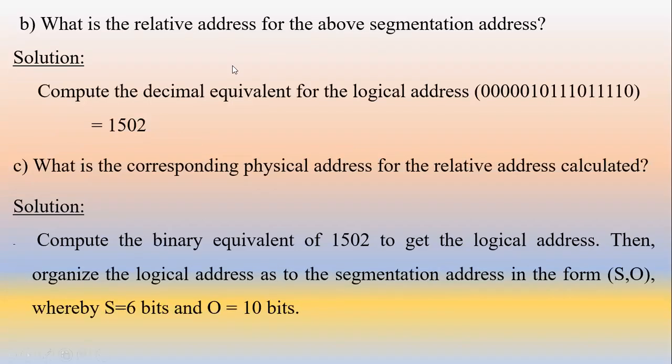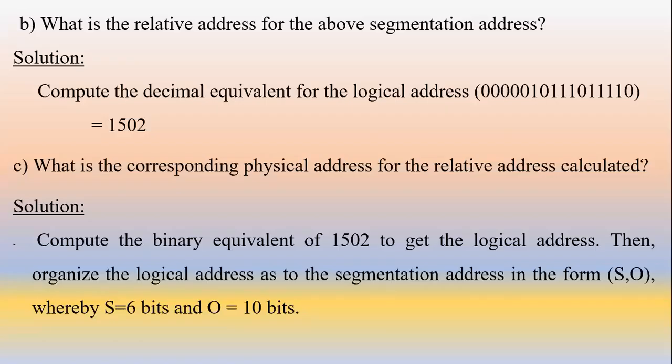Number B, what will be the relative address for the above segmentation address? To be able to get that, we compute the decimal equivalent for the logical address 0000010111011110, and from there we get a decimal value of 1502.